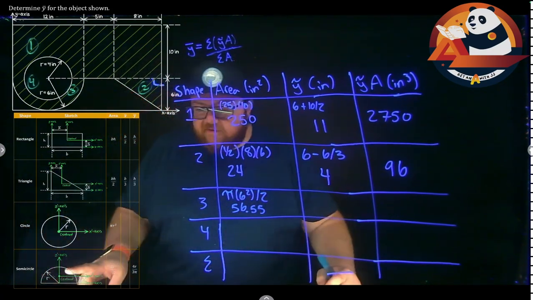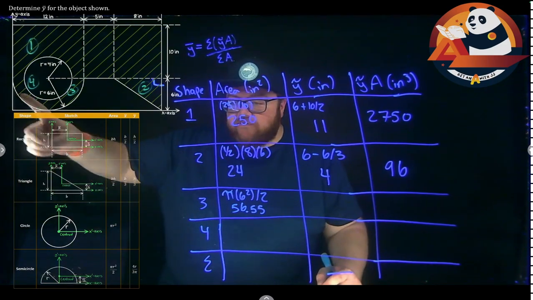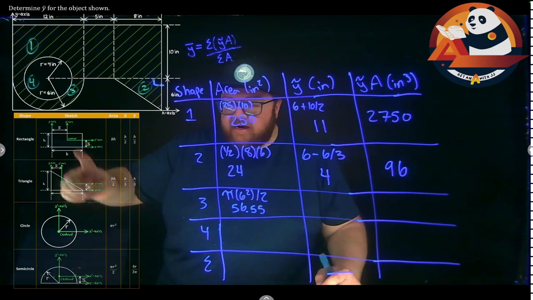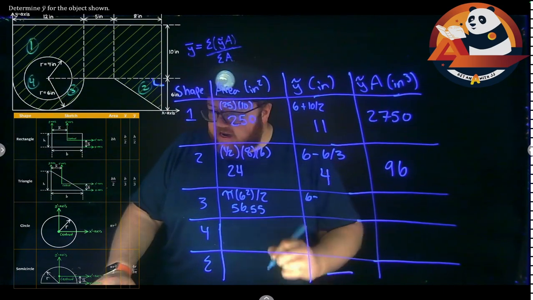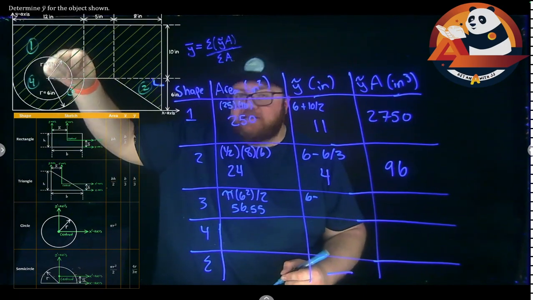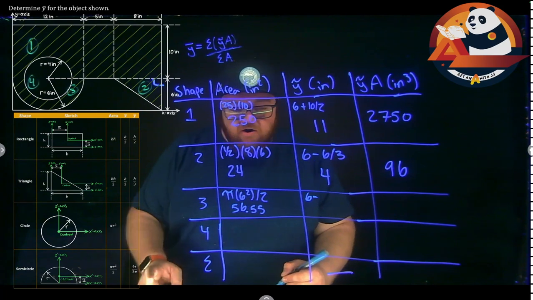My centroid of a semicircle measures from the flat side of it into it. So I need to first get from the x-axis to the flat side. Or I go up the radius, so 6. And then I come back towards my x-axis, so I'm subtracting distance off here. And I just grab my centroid formula, 4r over 3 pi.